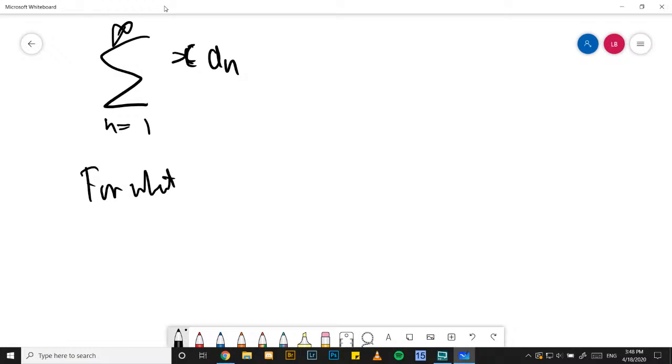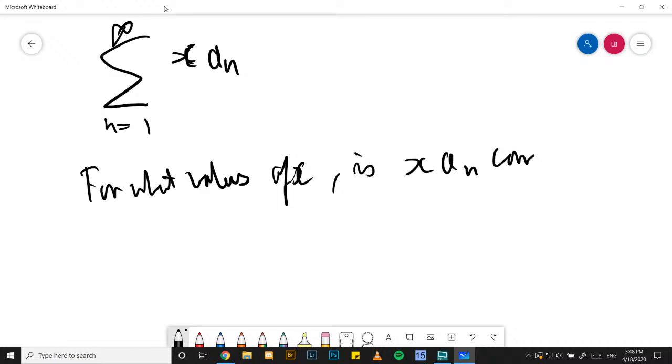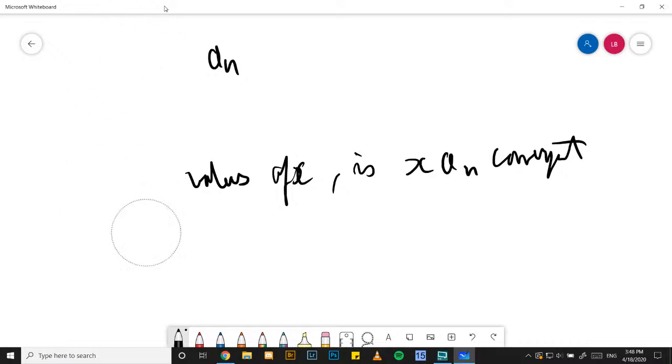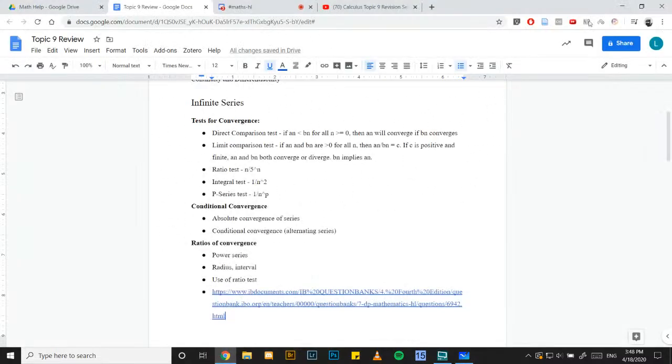So for what values of x is x times an convergent?